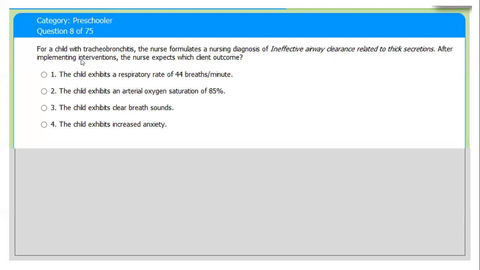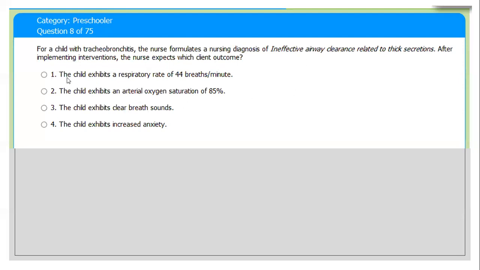So after implementing interventions, which outcome does the nurse expect? Our goal is, if the patient is unable to clear secretions or obstruction from the respiratory tract, we have to maintain a clear airway. This is the goal, right?